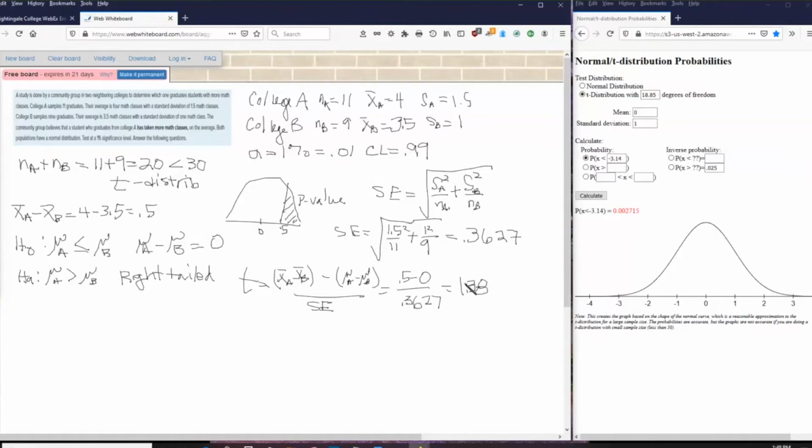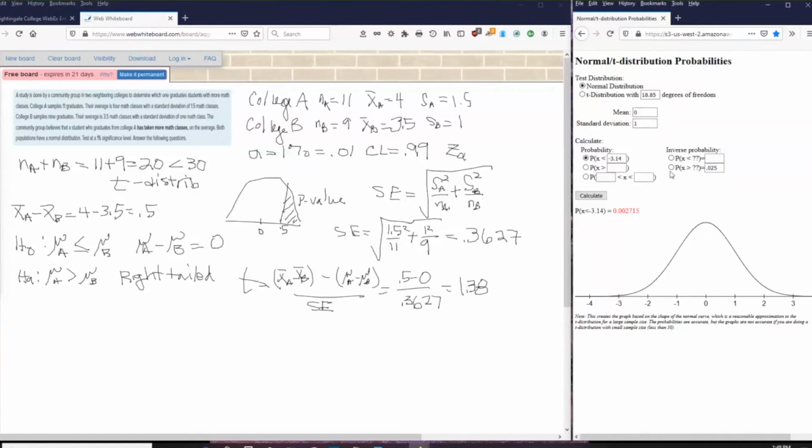Okay. Now this is a right-tailed test, so let's look at the z-score for alpha. The z-score of our alpha is going to use a normal distribution, mean of 0, standard deviation of 1.